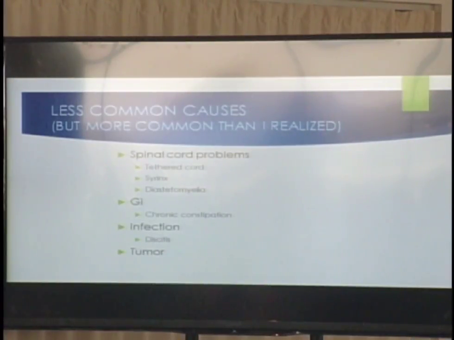Dr. Jacks likes talking about that. We all have to talk about that because, again, I didn't realize how much that plays a role in kid back pain, especially in, say, the neuromuscular population. Infection can definitely cause back pain. We'll talk a little bit about discitis, tumor, both benign type of bone lesions and malignant.